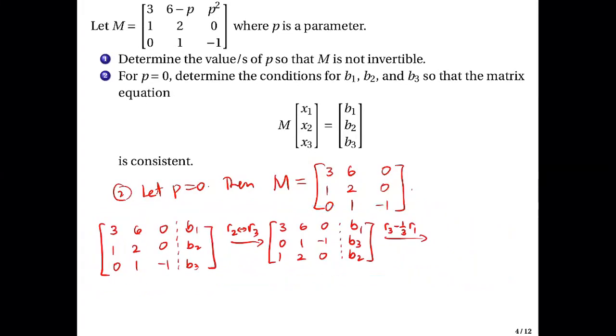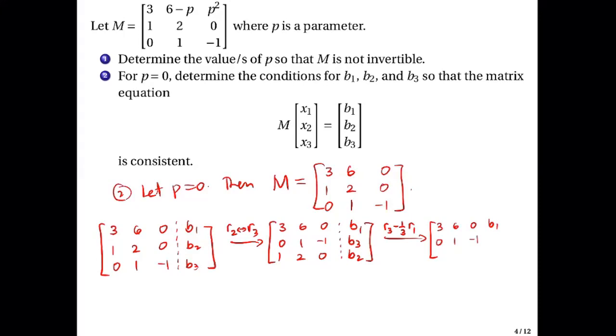So what will happen is, we just copy row 1, it's still 3, 6, 0, b1. Row 2, we have 0, 1, negative 1, b3. And then row 3 minus 1/3 row 1.